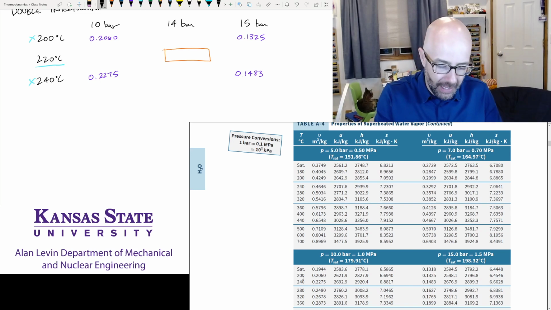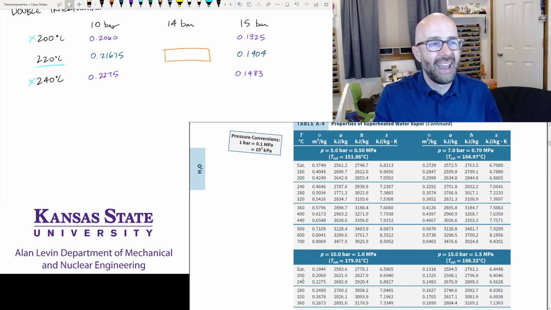I put in 0.2060 plus 0.2275, divide that by 2, and get 0.21675. That makes sense, it's between those two numbers. Then I have 0.1325 plus 0.1483 divided by 2, which is 0.1404. Okay, that's the easy part.